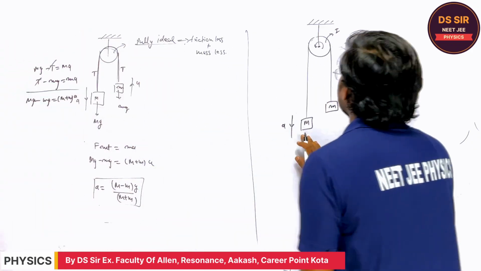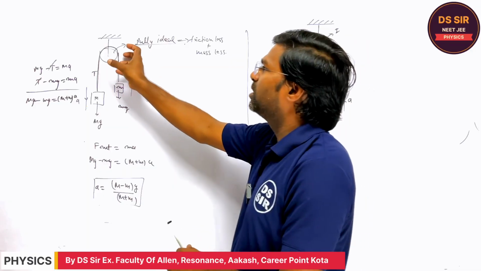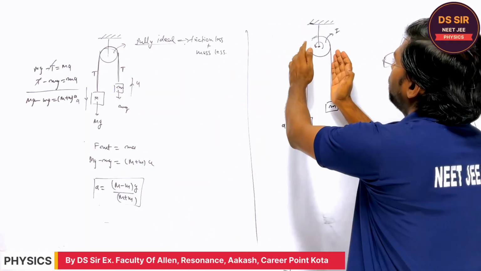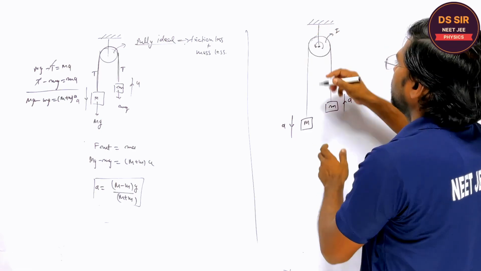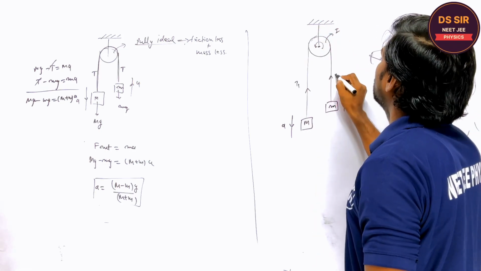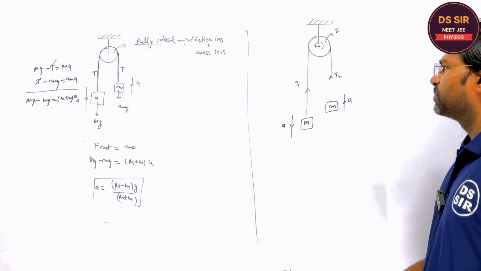But in this case, the pulley is rotating like this. Therefore the tensions T1 and T2 in the string will be different.